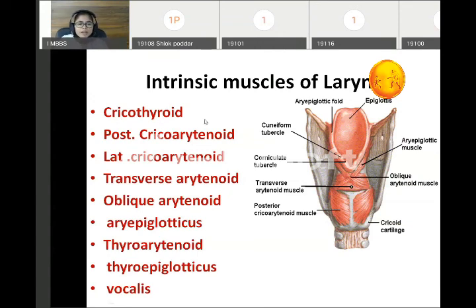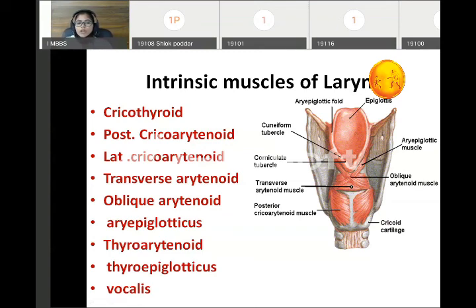Intrinsic muscles are cricothyroid, posterior cricoarytenoid, lateral cricoarytenoid, transverse arytenoid, oblique arytenoid, aryepiglotticus, thyroepiglotticus, and the vocalis. So in detail about these muscles, origin, insertion, nerve supply, action, we are going to study in the next part.